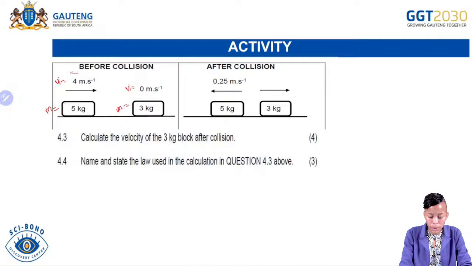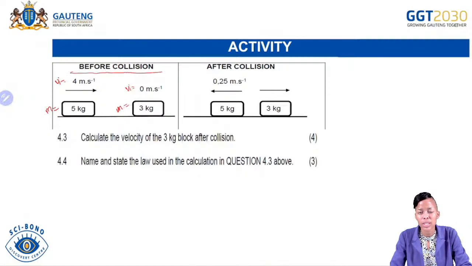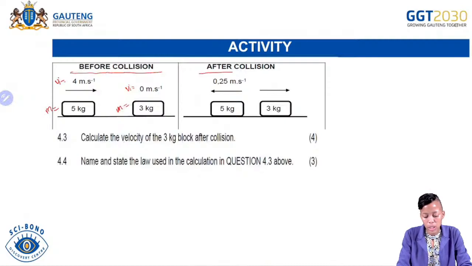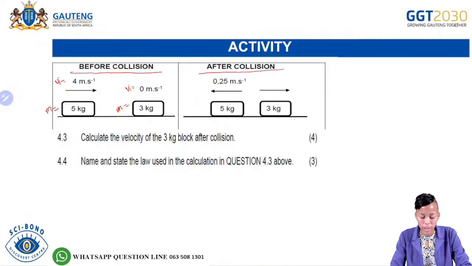So again, this information is for the before collision, and this information is for after the collision. Okay. So after the collision, what did it say? It said that the 5 kilogram block was moving west. So now there's a change in direction.